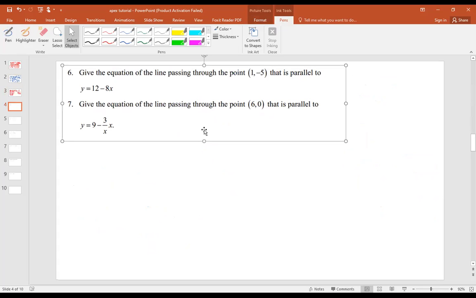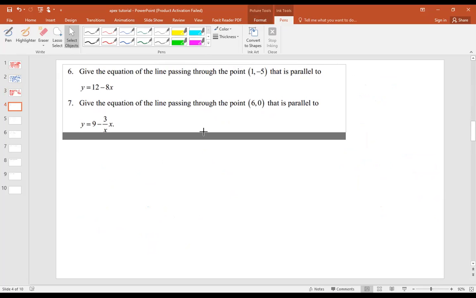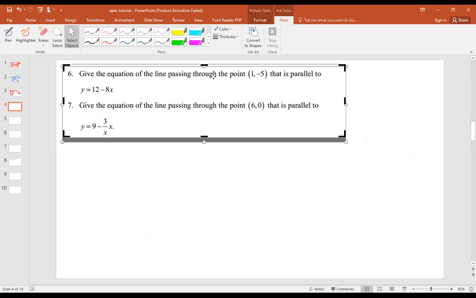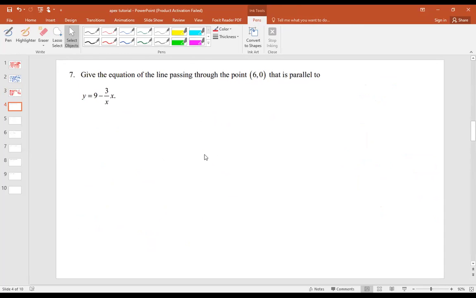So from solving question 8, let me just do this. Okay, so question 7 is also similar to question 8.